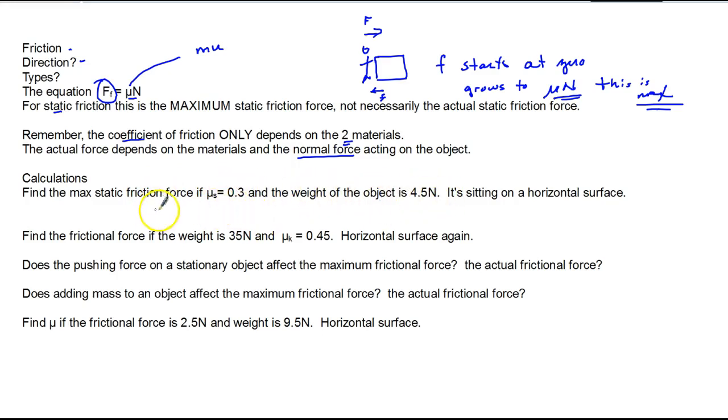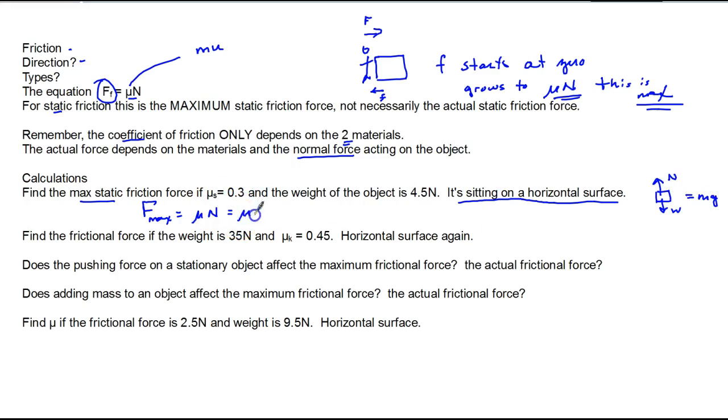Calculations. Find the maximum static frictional force if mu s, the static friction coefficient, is 0.3 and the weight of the object is 4.5 newtons. It's sitting on a horizontal surface. So the maximum static friction force is going to be mu times the normal force, and if it's on a horizontal surface, then that normal force and the weight are equal and opposite. So they both equal mg.